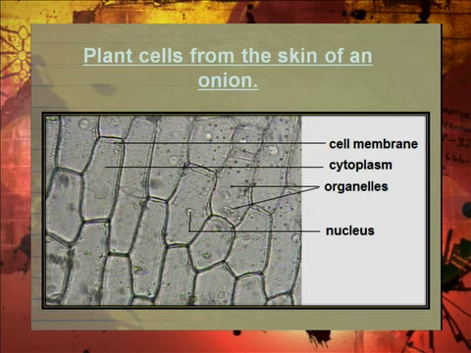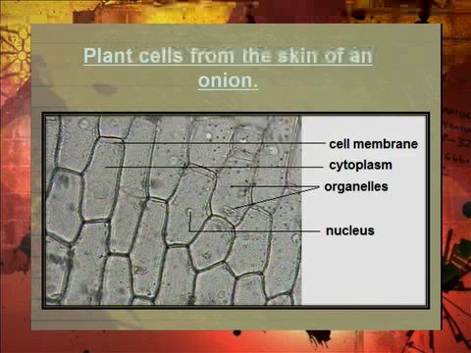This is a photograph of some plant cells taken from the skin of an onion. And if your teacher has the apparatus in your classroom, a microscope, you will be able to see cells like this under the microscope. It's very easy to be able to see them. They're actually quite large cells, and so if you peel the fine skin off an onion, place it on a microscope slide and have a look at it, this is what you would see.